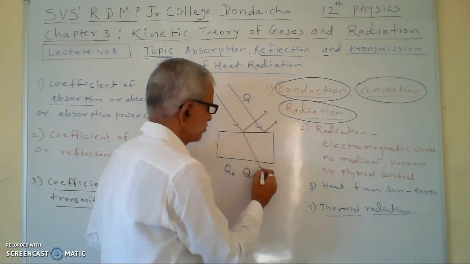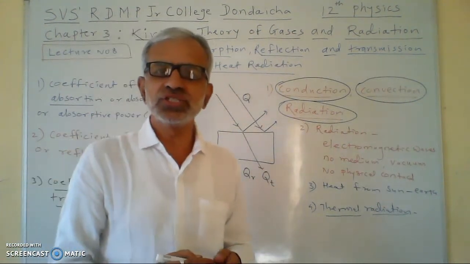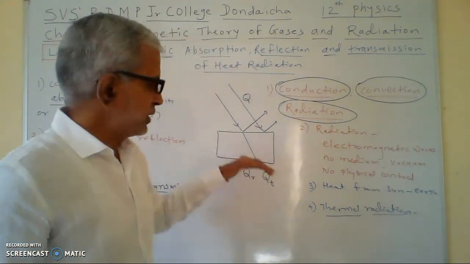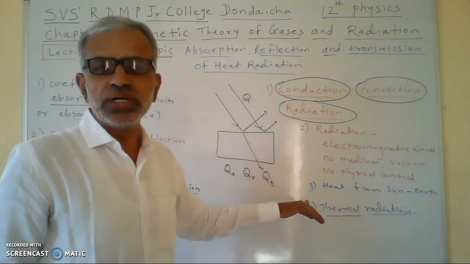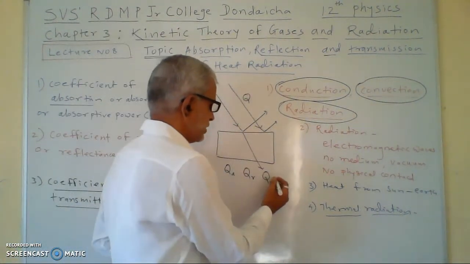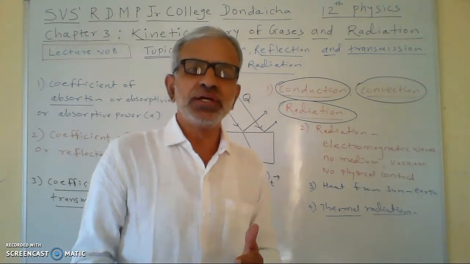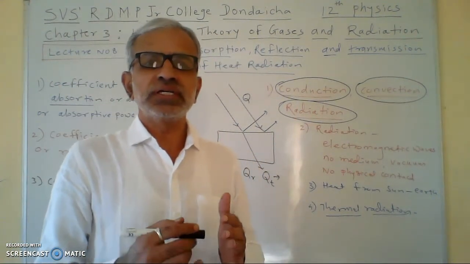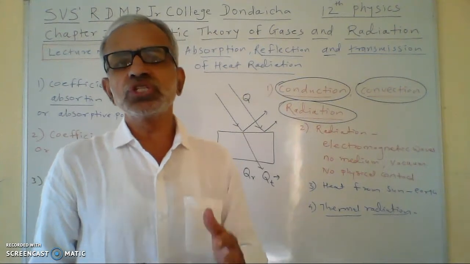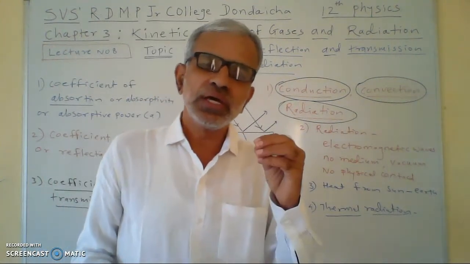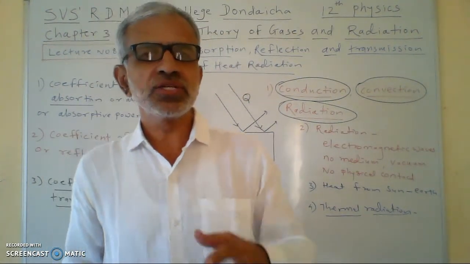Suppose that the radiant heat which is transmitted by the body is QT. Any body in nature has this property.